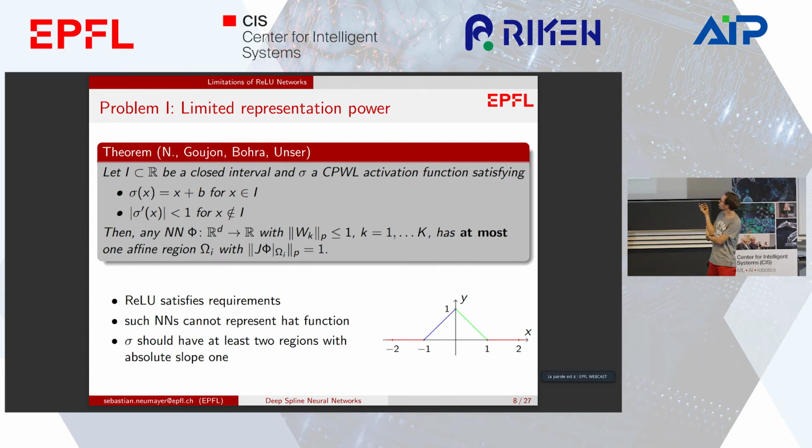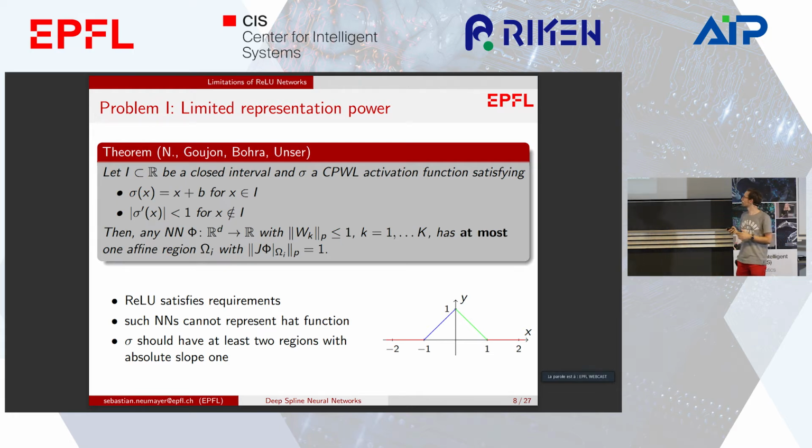On the bottom, I have depicted a simple function which has just 3 affine regions. It is just a hat function, like a B-spline. Here you see that it has 2 regions of maximal slope. So no matter how deep or how wide the network is, if we have these constraints, we cannot represent this function.